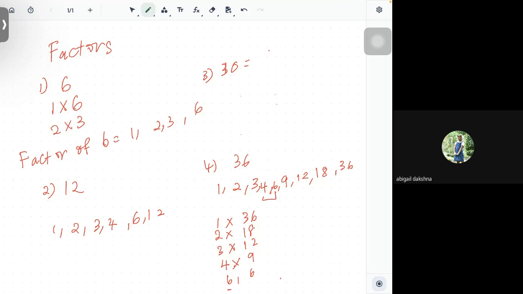The number 6 is repeating, so we can only put the number 6 once. Can you understand?